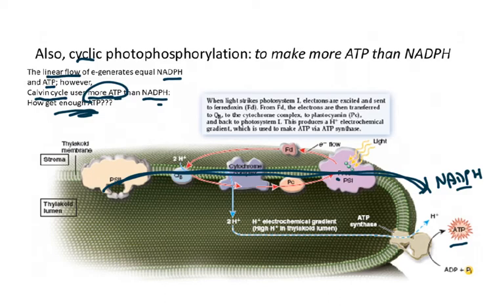After you get to PS1 and you have that electron, instead of giving it up to the reductase and forming this right away, what if we just pass it back to one of the earlier players, one of the plastoquinones? We pass it back. And the benefit of passing it back that way, instead of passing it forward to its final electron acceptor, the molecule that will be reduced, is that we can then pass it forward again and use it to pump more hydrogen.